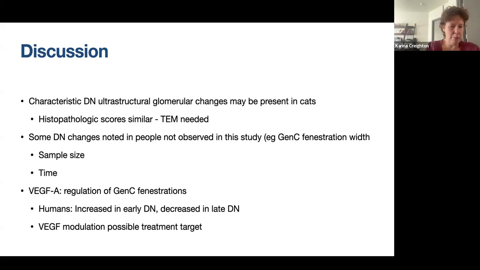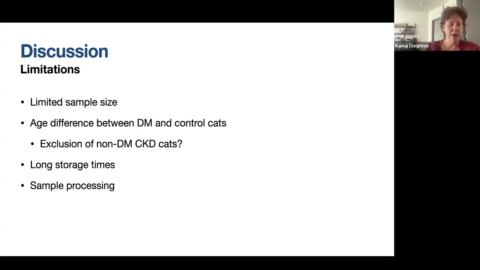So the fact that it was increased in these patients does correlate with early DN in human diabetic patients. And the role of VEGF modulation as a possible treatment target was briefly discussed.